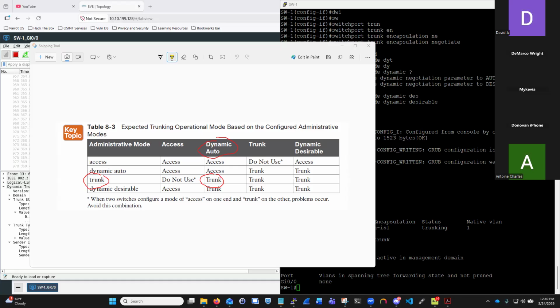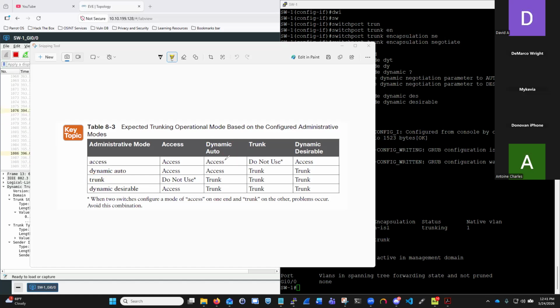Because we are setting the operational mode statically to say, I am a trunk. That is the message. So that's why, if you set one side to dynamic auto and one side to trunk, it hears the message, hey, I'm a trunk, and it's going to set itself as a trunk.